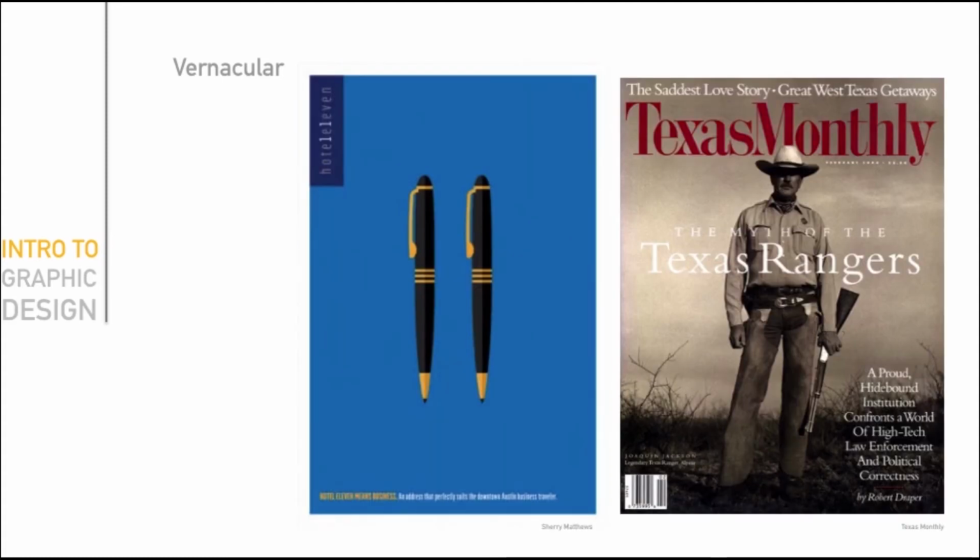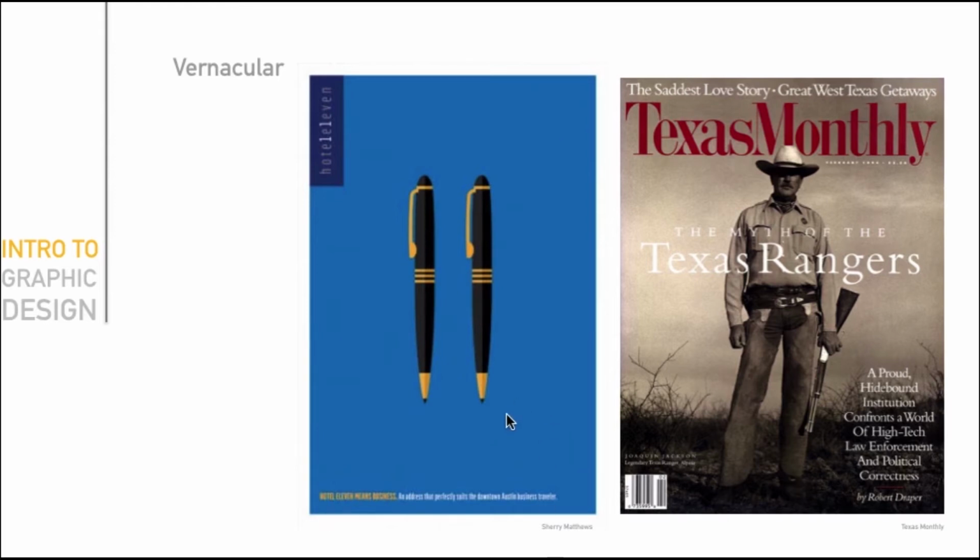So here we have two different things. One is an advertising design, one is an editorial design, that both use vernacular in different ways. The Texas Ranger cover takes a modern Texas Ranger and with some effective Photoshop maneuvers creates an image that recalls the history and the beginnings of the Texas Rangers.